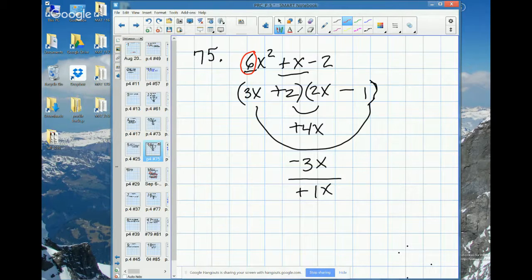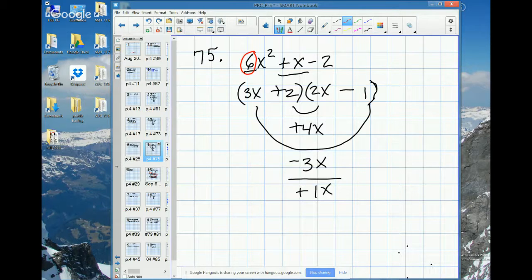Okay. So as I was saying, number 75 that somebody asked about, that 6 creates a real big problem. You can't just think x times x in the beginning. Now you have to think either 6x times 1x or 3x times 2x. I always tell my students, try the ones that are closer together first.